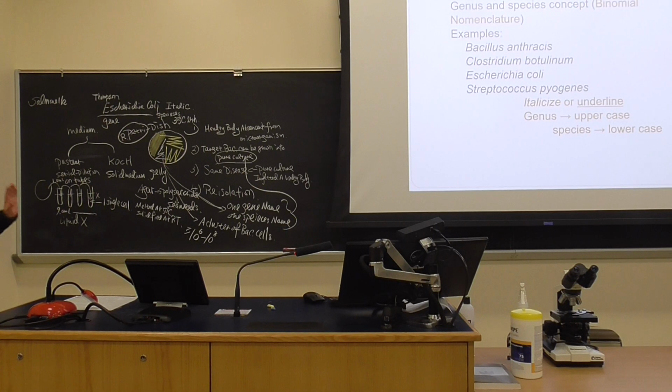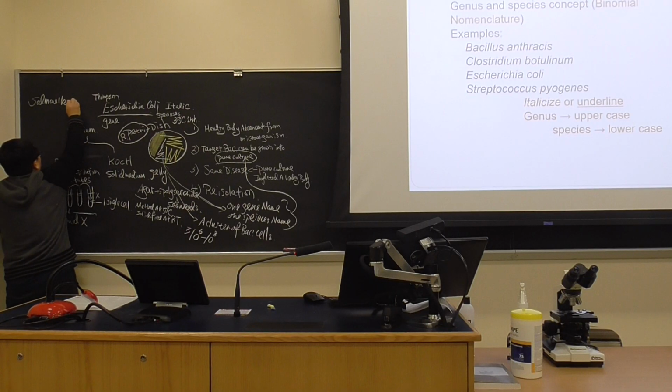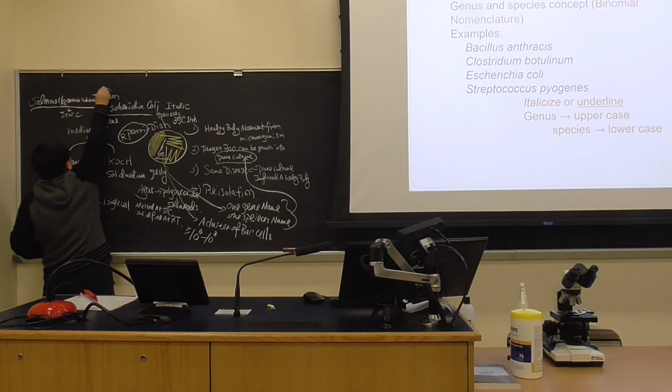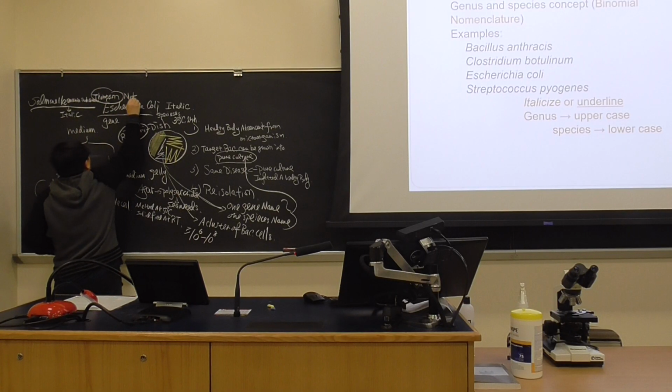So Salmonella, if you want to write it correctly, is Salmonella enterica subspecies enterica Thompson. All of these are italic, and this is not.